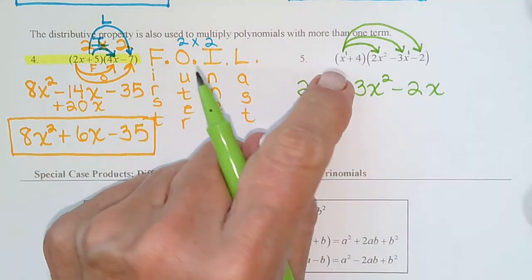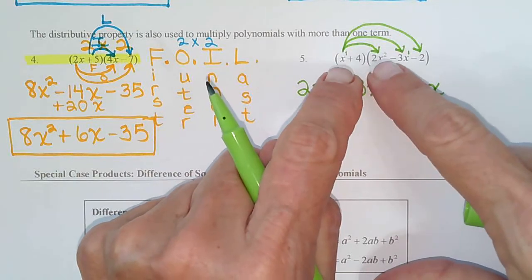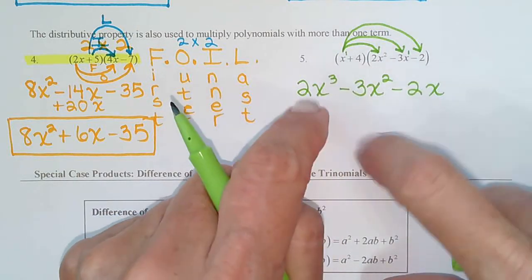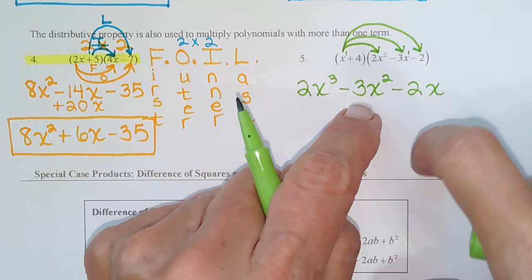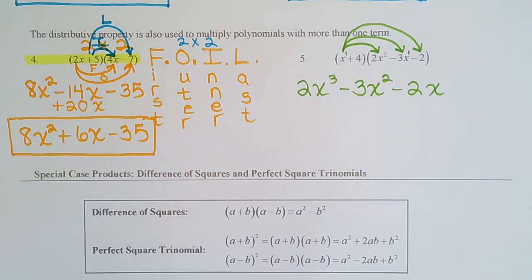So we took the first term in the first parenthesis and multiplied it by all the terms. So positive 2x cubed, negative 3x squared, negative 2x.